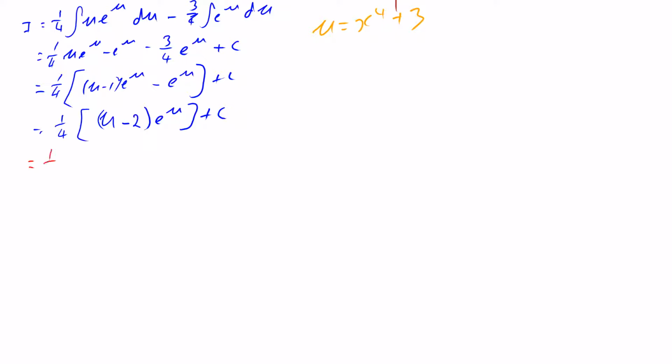So that will give us a quarter. x to the 4 plus 3 minus 2 is x to the 4 plus 1, e to the u plus c.